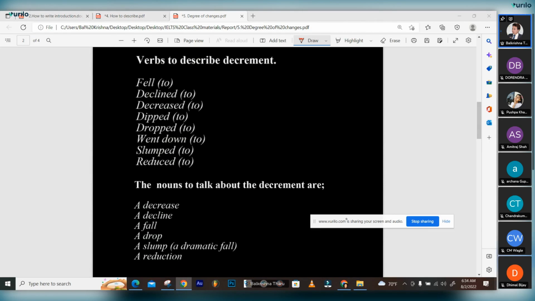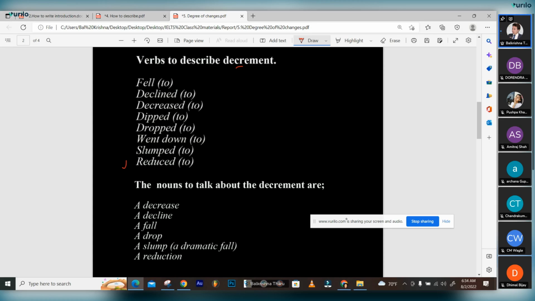Now let's talk about verbs to describe decrement: fell to, declined to, decreased to, dipped to, dropped to, went down to, slumped to, reduced to. Their nouns are a little different here.